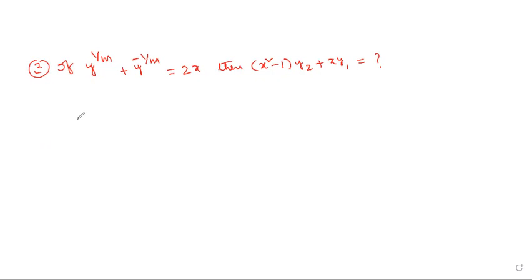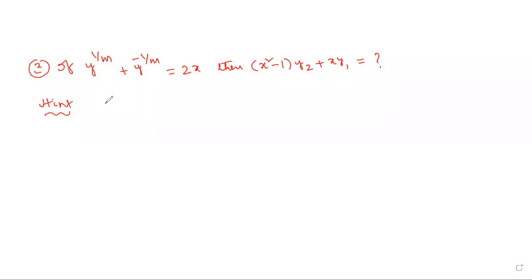Everyone see this problem. I am going to work it out in a simple manner and then you should work out the problem. So first I am going to simplify this problem.